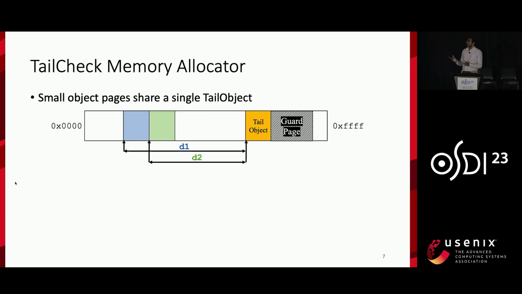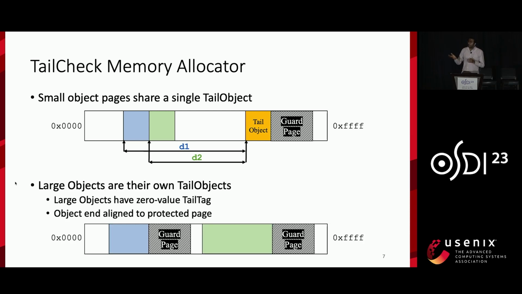Now we talked about 16-bit tail tags. What about objects larger than 64 KB? Well, in that case, we fall back to the older method of aligning the guard pages directly to the memory allocations. So here we see that for larger objects, they are their own tail objects. And the tag here is 0, because we don't have to go anywhere for getting protection from buffer overflows.